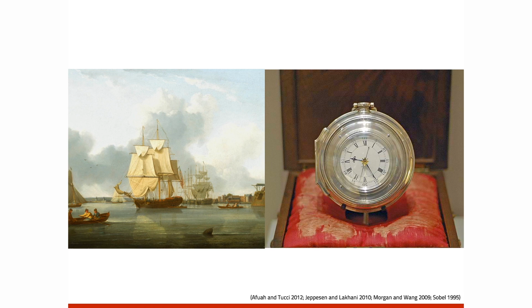A different approach was proposed by a clockmaker, John Harrison, the son of a carpenter. And he used a clock. The idea was to compare the local time at Greenwich, to which the chronometer would be set, to the time on the ship to determine the longitudinal position of the ship.